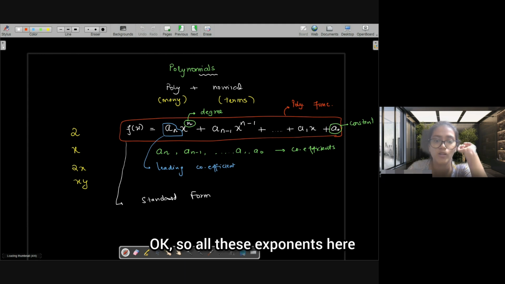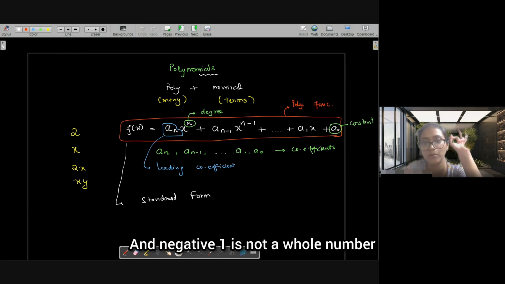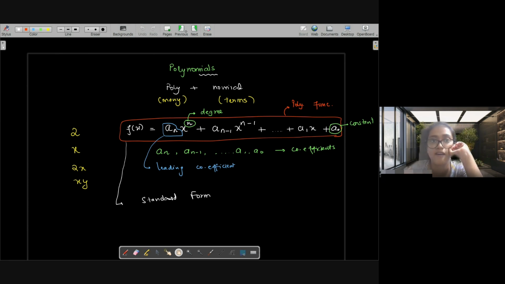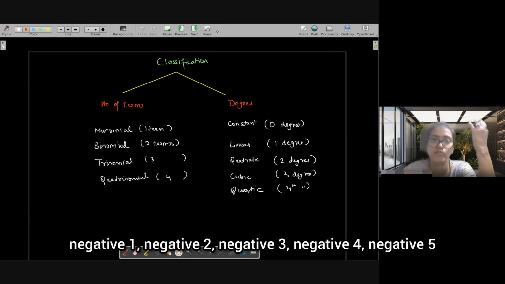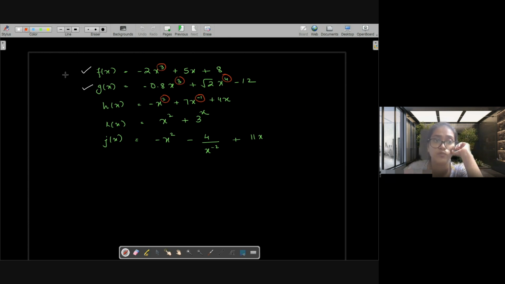So all these exponents here, n minus 1 up to so on, they should be whole numbers. And -1 is not a whole number. In fact, any negative number, -1, -2, -3, -4, -5, they're not whole numbers, right? So this one is not a polynomial because of this term.